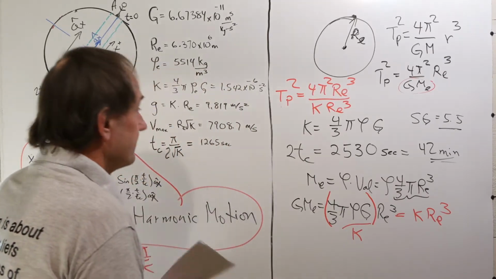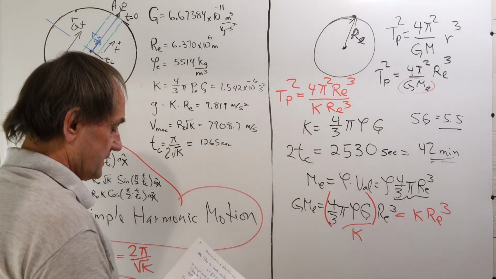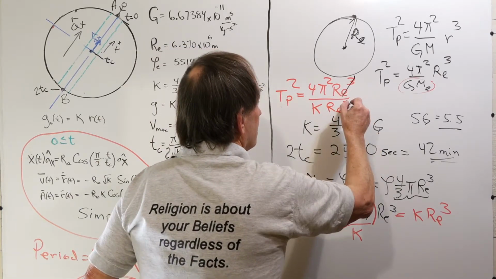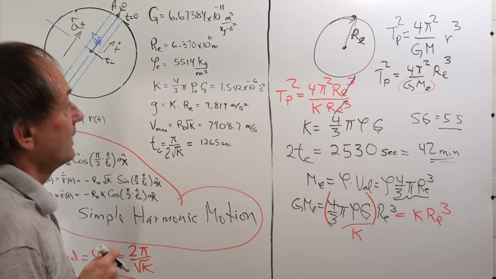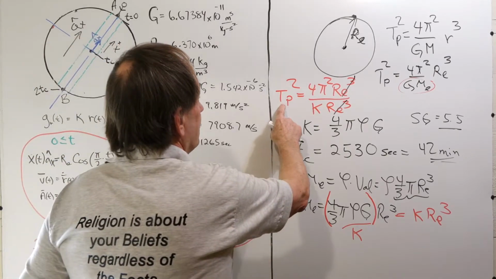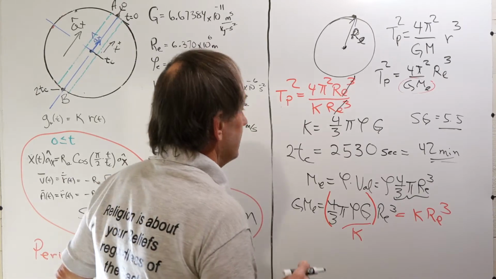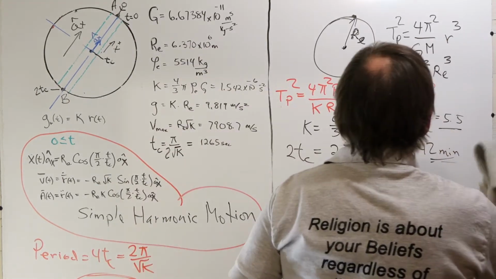Now we see that the radius cubed cancels. So we're left with the period squared is just 4 pi squared over K. Let's write that out here.